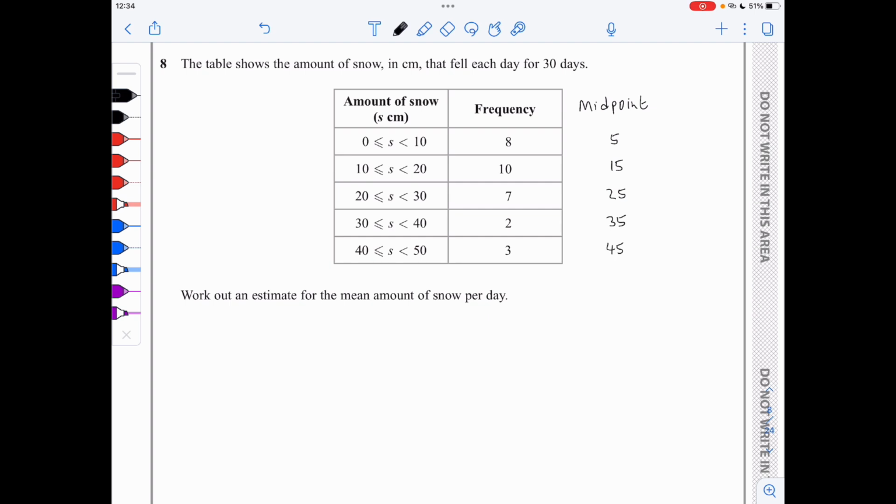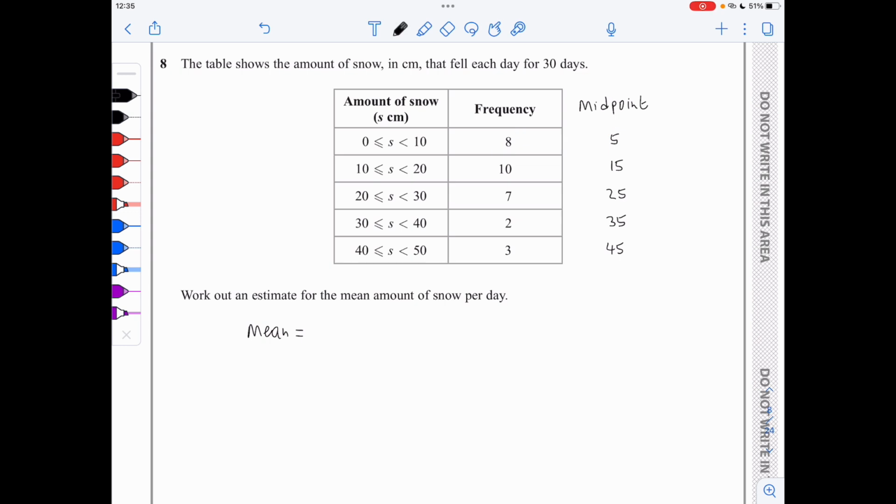The idea is that because these 8 observations are between 0 and 10, the most fair thing we can do is assume that all 8 of them are exactly halfway through this class, so they are at 5, and similarly for the remaining classes. So the mean will be found by multiplying frequency by midpoint and dividing by the total number of days, which is 30.